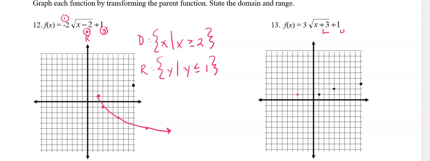All right, so for this point that's currently (1, 1), when you multiply it by 3, it becomes (1, 3). And then we go left 3, up 1. Okay, and that one is done.